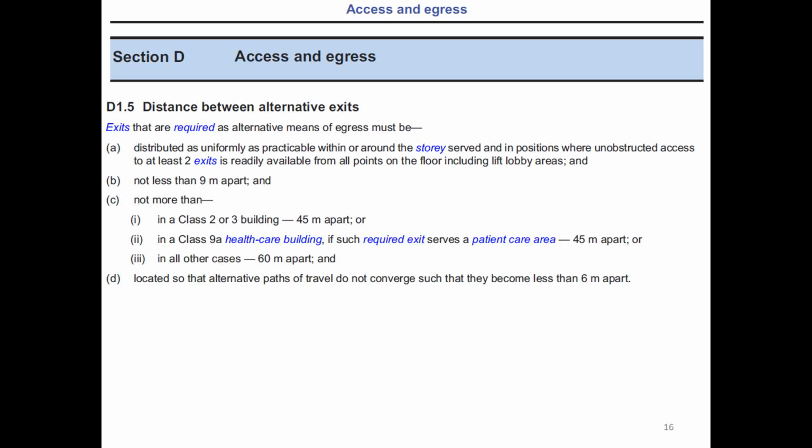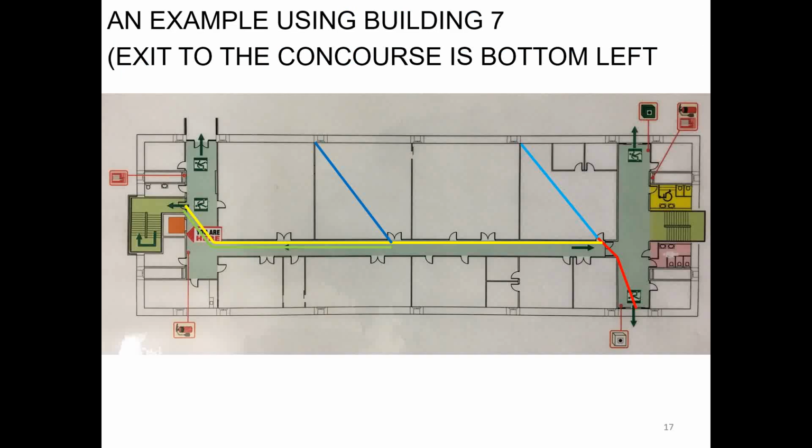So I think it probably deserves a demonstration. So let's have a look at an example here. What we see here is a plan of building 7, the part of building 7 that leads out to the northern end of the concourse, which is where the red line goes into.